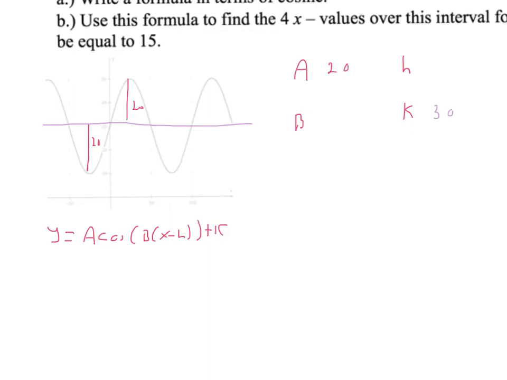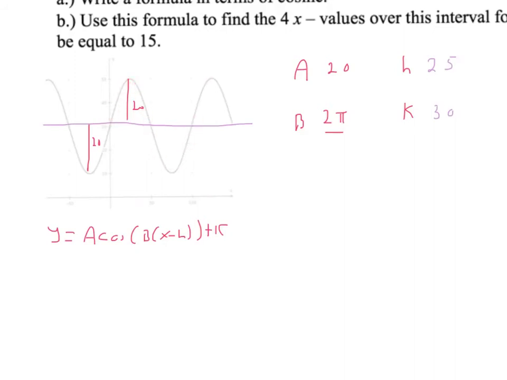Our horizontal shift. Now we're looking for cosine. Cosine starts at the maximum. So the first x value that we see our maximum is between 0 and 50, halfway between 0 and 50. So the first place that we see our maximum is shifted to the right 25 units. And then if b is equal to 2 pi divided by p, well, we can either find the distance from maximum to maximum, 25 to 125, or we can look for one cycle of sine.